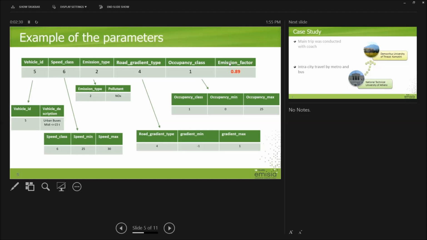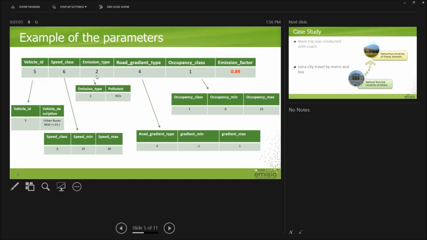So let's see an example of these parameters. If we have a table listing all these parameters, for example, the vehicle ID, the speed class, we have to translate these parameters to what they mean. For example, if we are referring to the vehicle ID 5, this corresponds to the urban buses, less than 15 tons. If we refer to the speed class 6, this is the speed class between 25 and 30 kilometers per hour. The emission type refers to the pollutant.